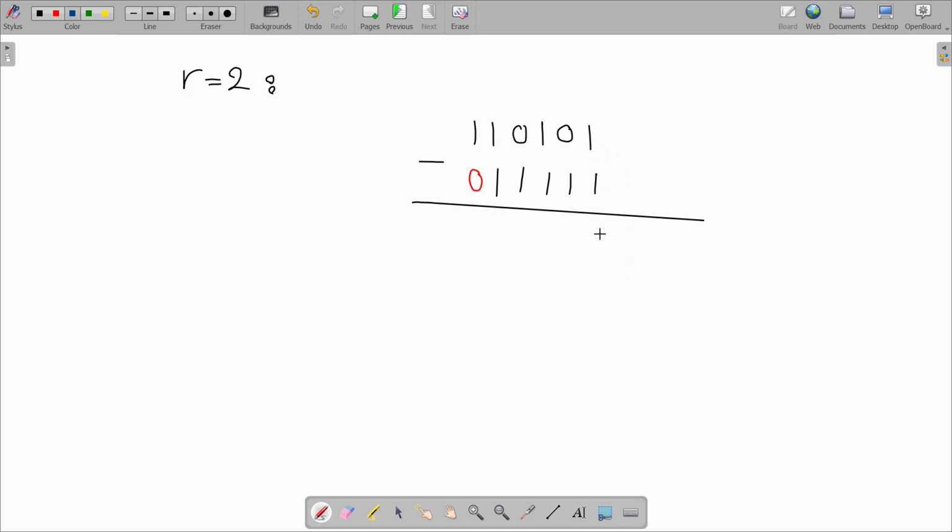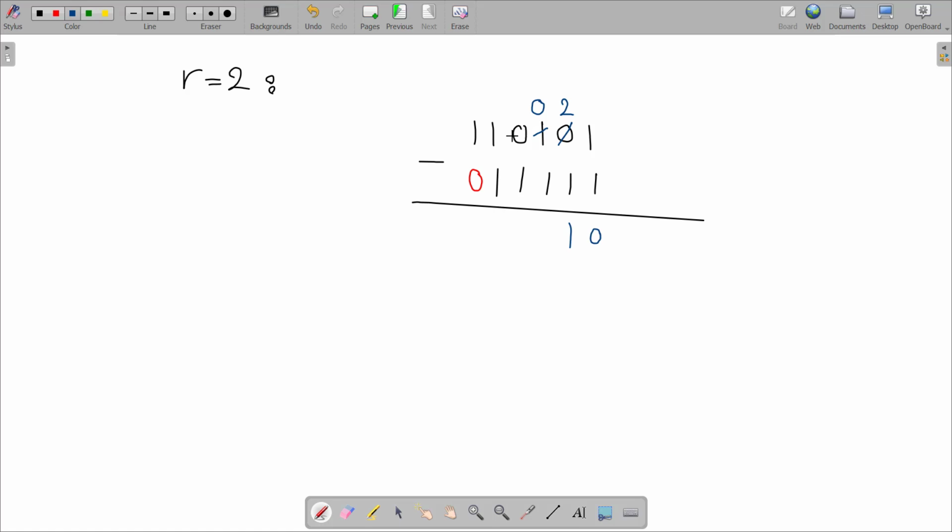1 minus 1, 0. 0 minus 1, I cannot do it. I have to borrow 1 r from the next one. So this will get to 0, and this will be 2, same as the decimal number. Now 2 minus 1, 1. 0 minus 1, I cannot. So I have to borrow from the next one.